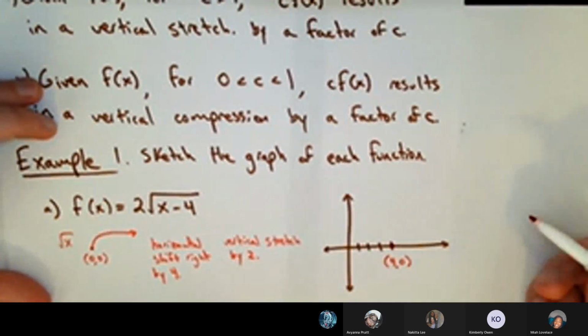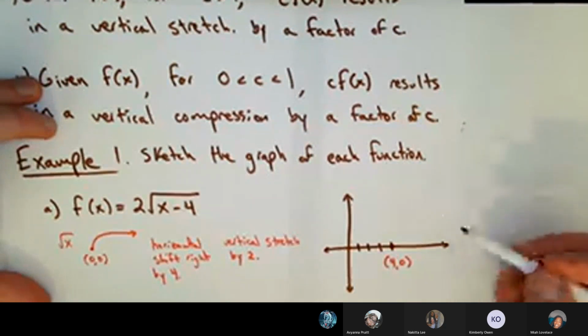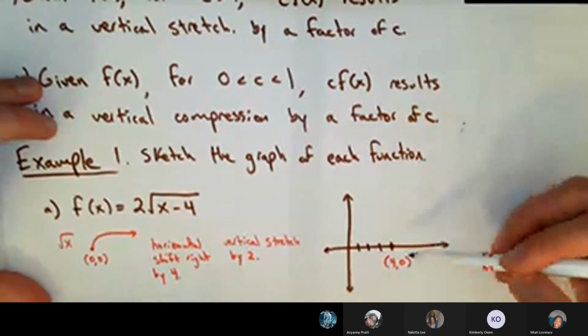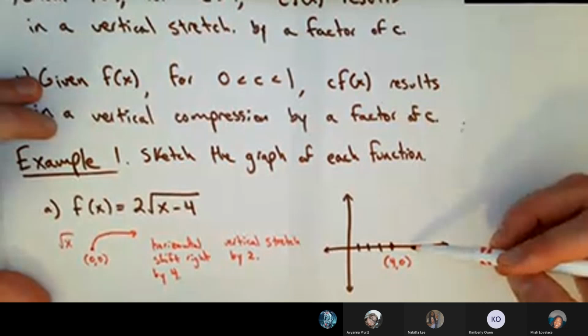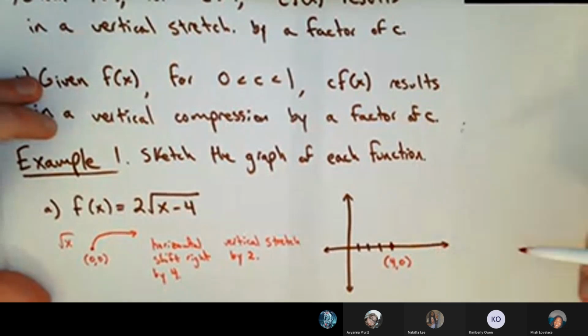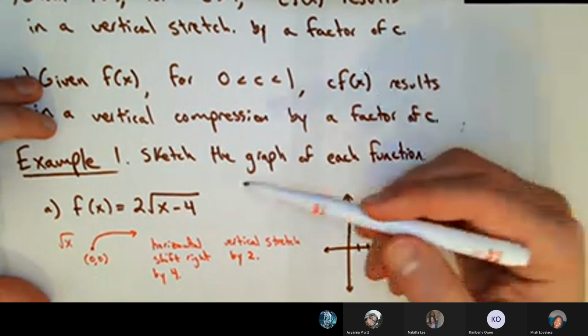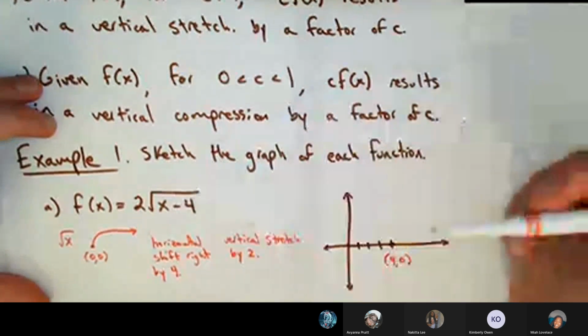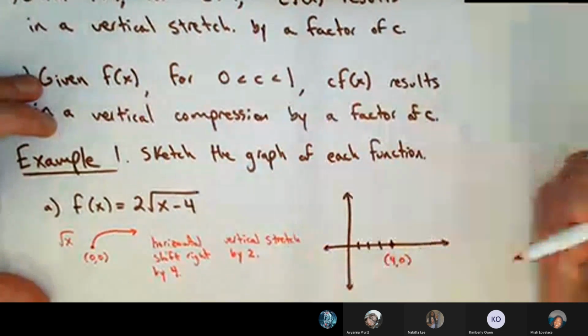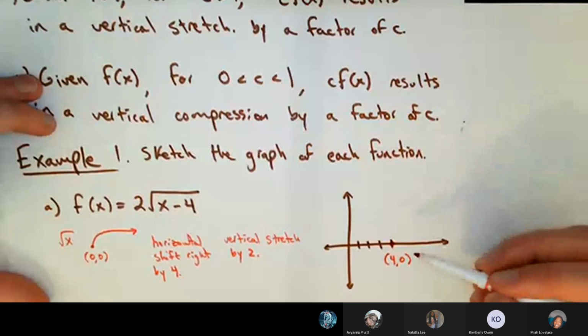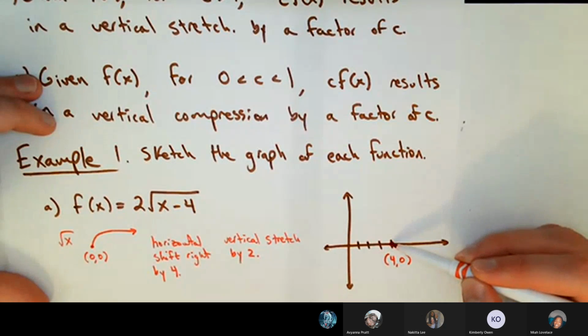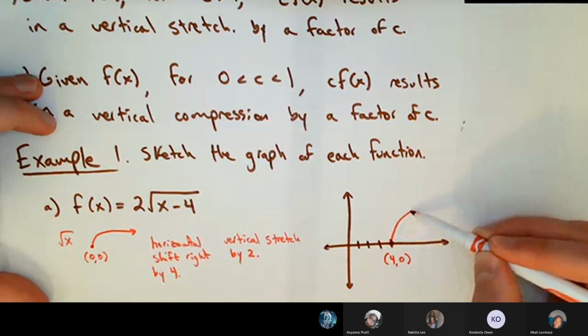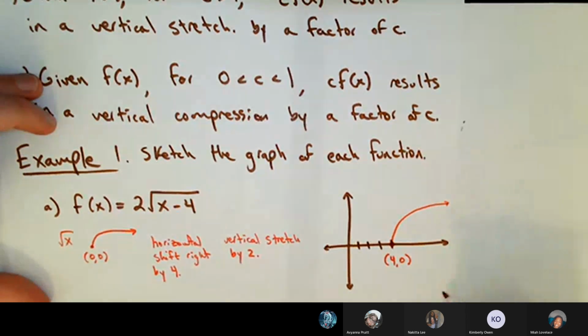If I'm just sketching this, I don't need to find points. I could find more points, right? I could see what it's at x equals 5, 6, 7, 8, etc. In fact, I may want to pick smart values that give me squares under the radical. We could talk a lot about that, but I just want a sketch. So what I need to make sure I show is that it's not just a normal square root graph. It's been stretched by 2, so it goes a bit higher.